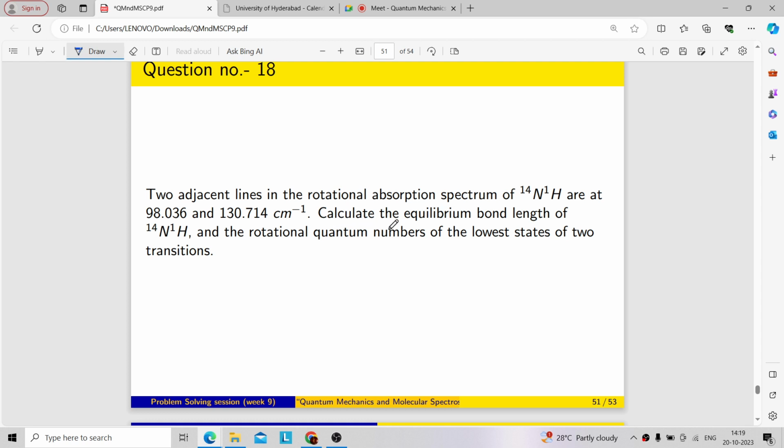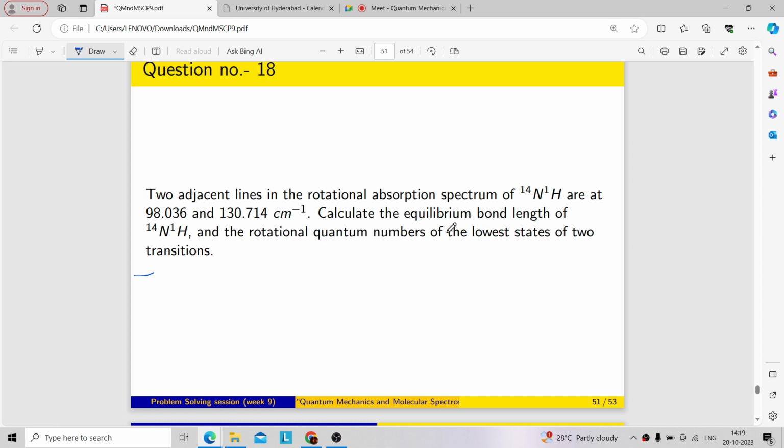Then calculate the equilibrium bond length for this molecule NH and the rotational quantum numbers of the lower states of the two transitions.